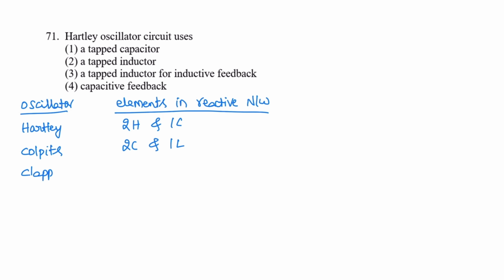In a Clapp oscillator, there are three capacitances and one inductor in the reactive network. The Clapp oscillator is similar to the Hartley oscillator with an additional capacitor in series with the inductor.